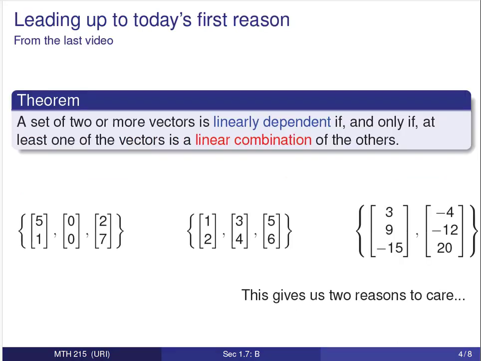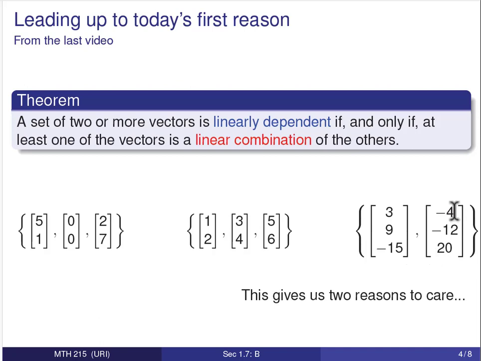All right, so what we said in the last video was this theorem. A set of two or more vectors is linearly dependent if and only if at least one of the vectors is a linear combination of the others. These were the examples we had in that last video of linearly dependent sets. And for each of these, you could see that, for instance, the 0 vector is a linear combination of (1, 5) and (2, 7). (5, 6) is a linear combination of (1, 2) and (3, 4), although we would have to do some work to figure out exactly which linear combination it is.